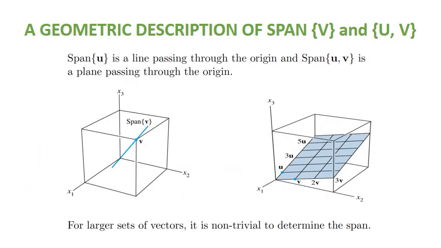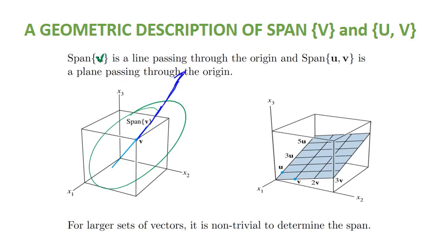For example, this is a typo. This should say V. So this is just kind of a visual form. Basically, the span of V represents all multiples of this vector. So depending on what this vector does, it could have lots of different multiples.